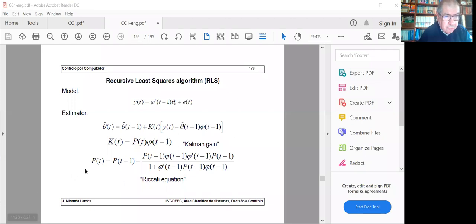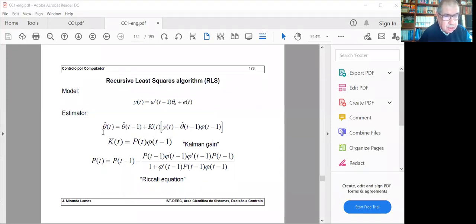First, you update the covariance matrix. That's the so-called Riccati equation. Then you compute the so-called Kalman gain. This is a vector, obtained by multiplying the covariance matrix by the regressor phi. Then with the Kalman gain, you update the vector of estimates.